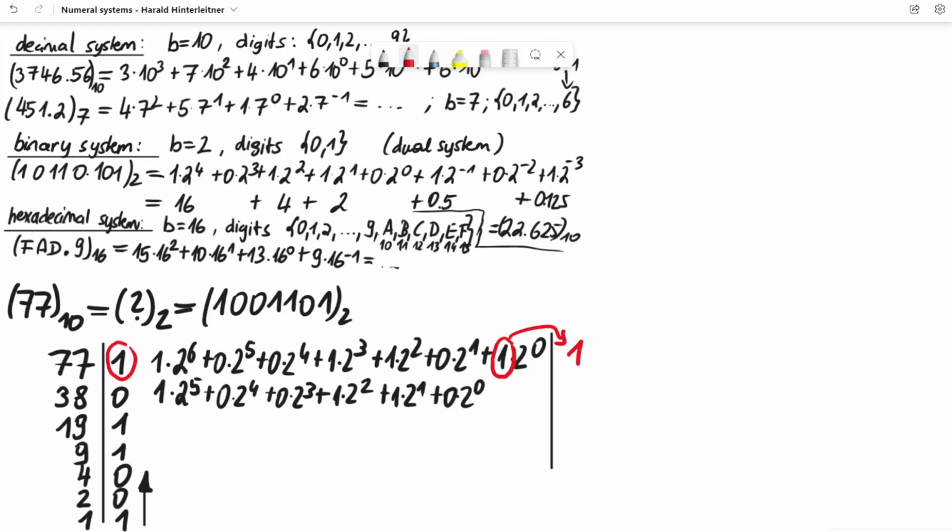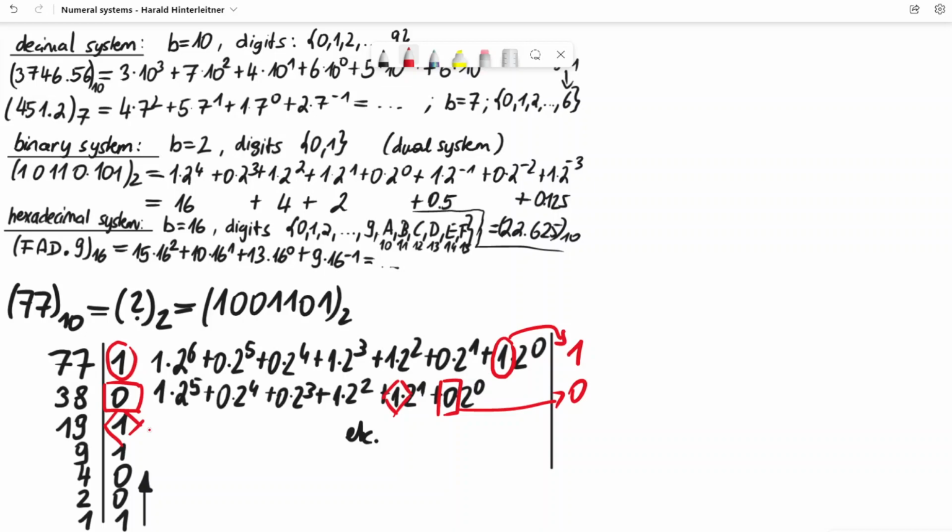And you can imagine that you can repeat this procedure. And the next remainder you can read here. It would be this 0. So you can see it here. And the next remainder is here if you do it again and again. So it's here.